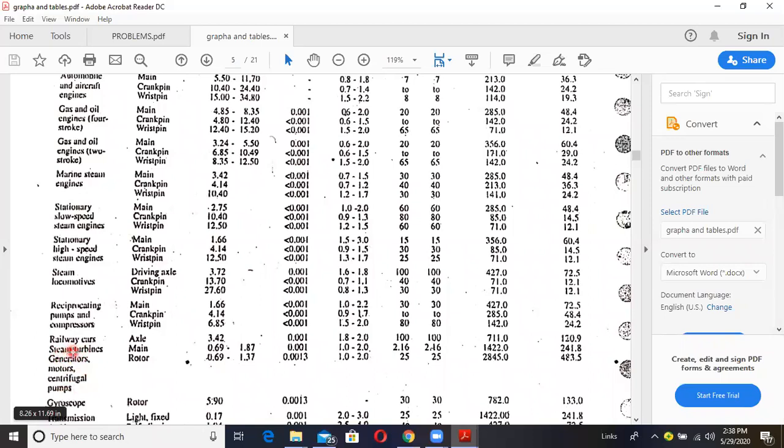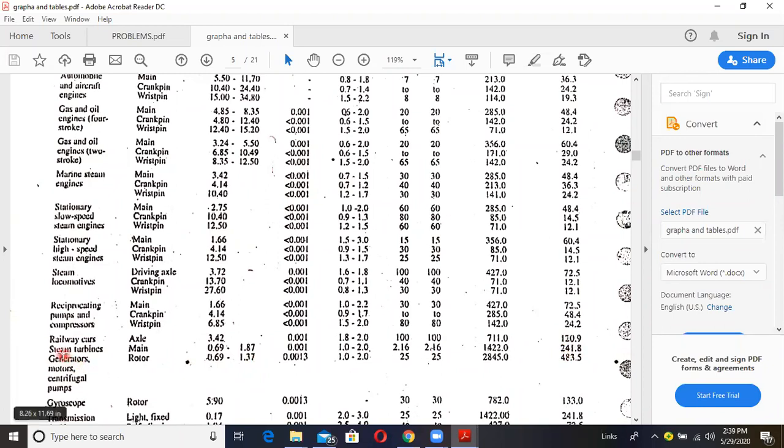Now for this steam turbine, next we have to go for the values. This is the Pmax 0.69 to 1.87. So this is Xi 0.001, and this is the L by D ratio, and this is viscosity eta 2.16 into 10 to the power of minus 3, and this is S double dash 241.8.